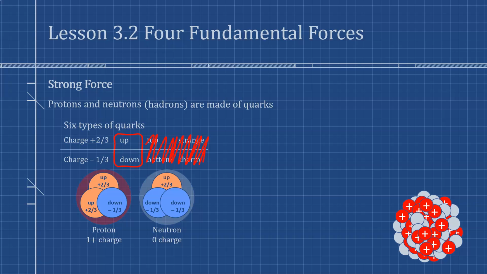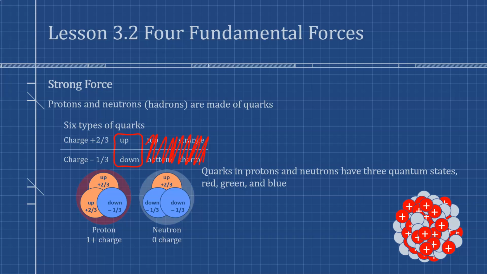Well, it has to do with the strong force holding these things together. Quarks and protons and neutrons actually don't just interact electromagnetically, they interact a different way. They have 3 quantum states that we refer to by color. Now, these aren't real colors. You can't see these quarks. They're way too small.